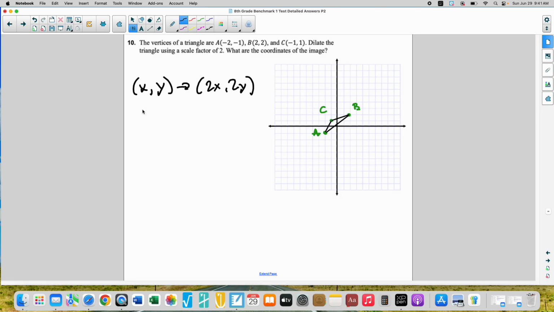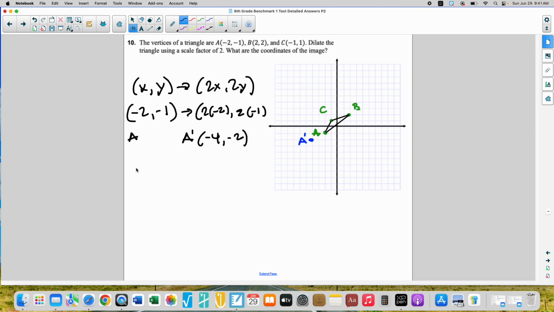So we can take each of the values, -2, -1, and plug that in. And so we get 2 times -2, comma 2 times -1. So this is point A. So A prime is going to be -4, -2. So let's plot -4, -2. That's going to be A prime.